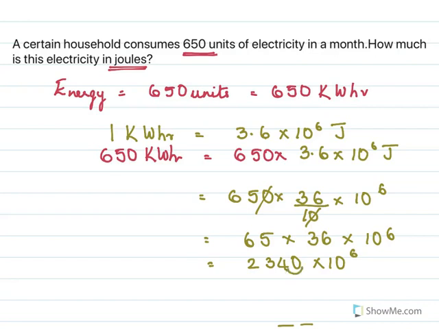But if you take the decimal now from here, 1, 2, 3, it will be 2.34 into 10 raised to 6 plus 3, that is 9. So the answer would be 2.34 into 10 raised to power of 9 joules.